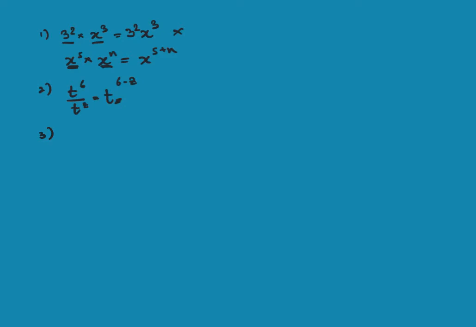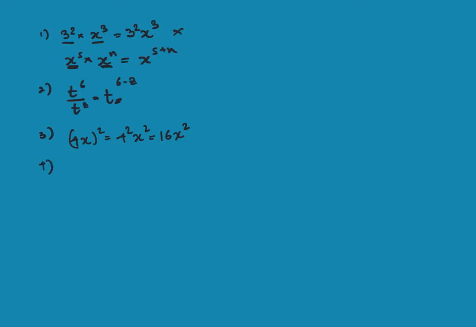What can I write? So maybe 4x to the power of 2: 4 to the power of 2, x to the power of 2, 16x to the power of 2.